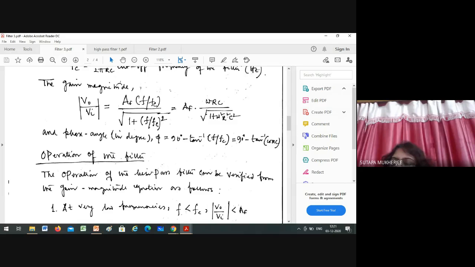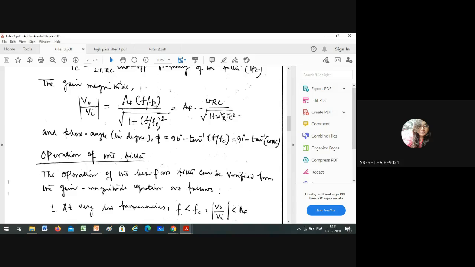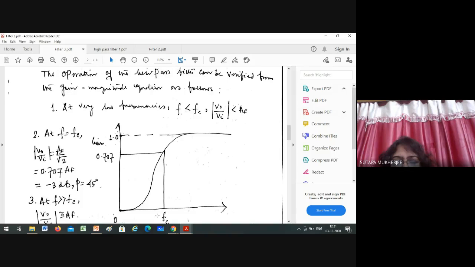Right, Shrestha, you have to tell when the frequencies which are above cut-off frequency, that frequencies will be passed. That which is allowed to pass.